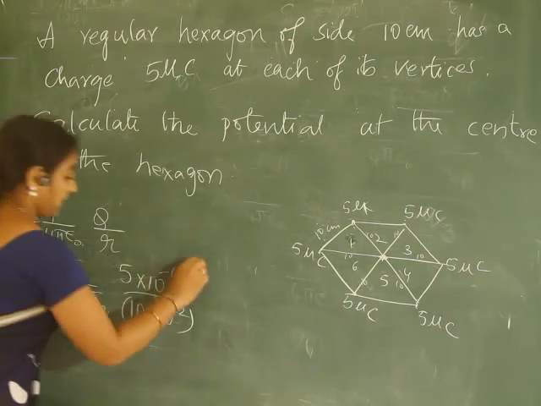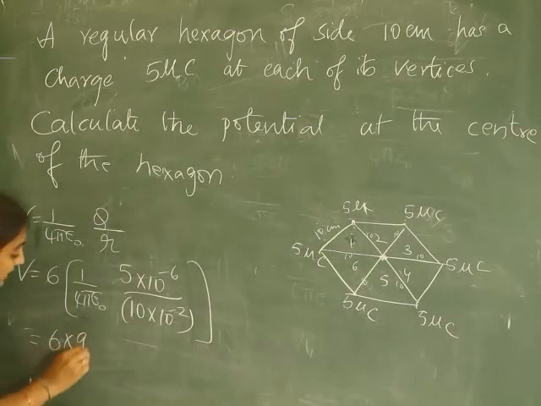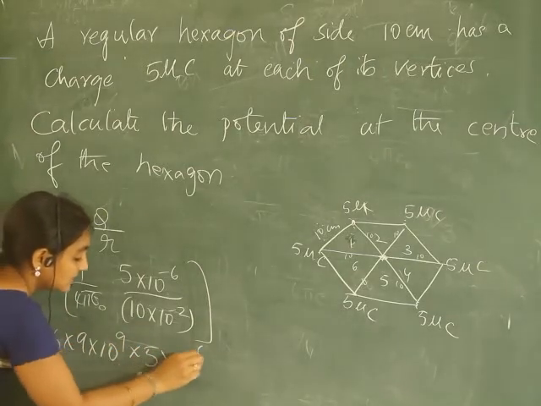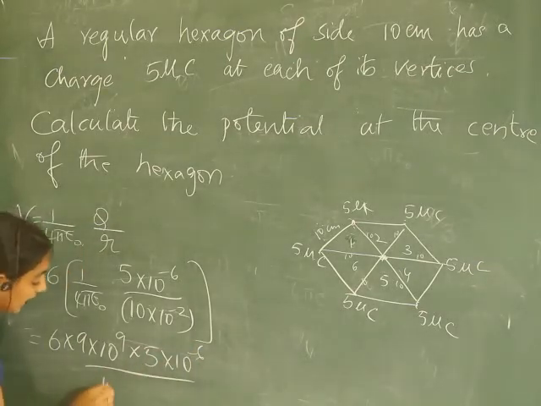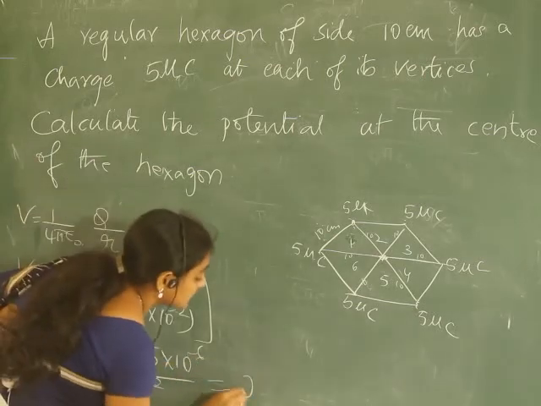So I'll get V is equal to 6 into 9 into 10 to the power 9 into 5 into 10 to the power minus 6 divided by 10 into 10 to the power minus 2. What is the answer you get? Can you help me for the answer? 2.7 into 10 to the power 6.